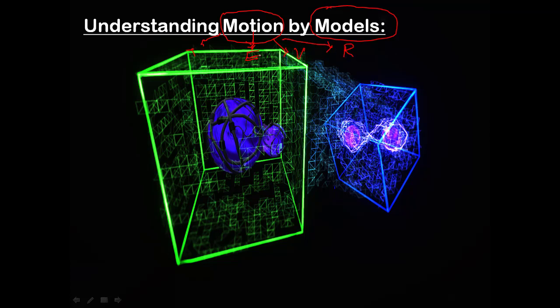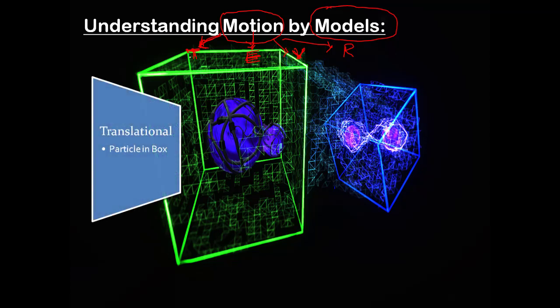All these motions can be studied in quantum mechanics with the help of models. In classical mechanics there are straight away formulas, so you can put the values in the formula and get the answer. So what are the models for studying these motions? Let me uncover them one by one.